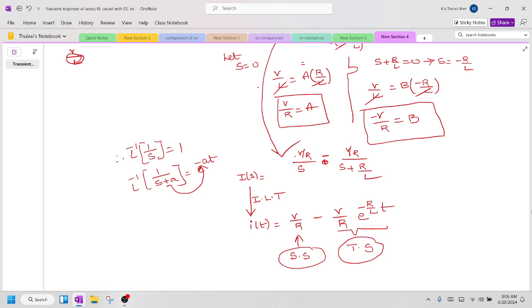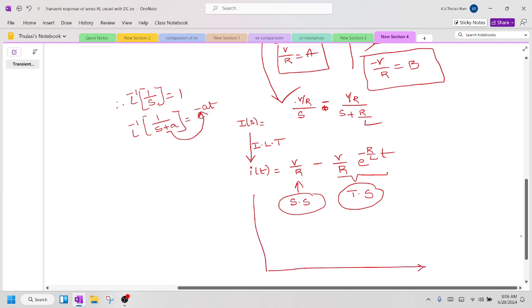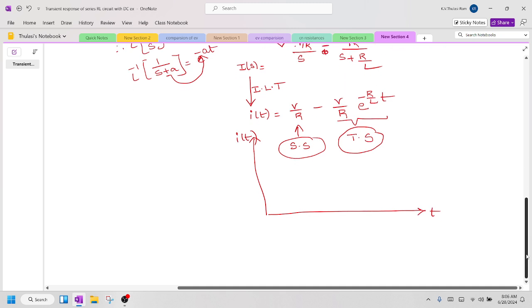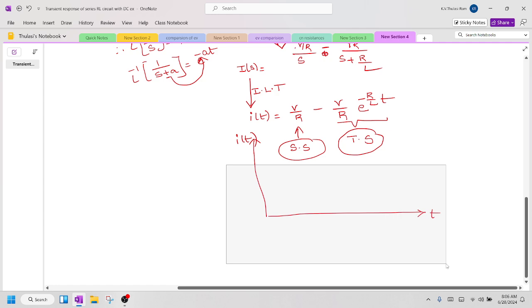So when you find this equation, I'm going to plot this current expression. This is t, and this is the expression of I of t.